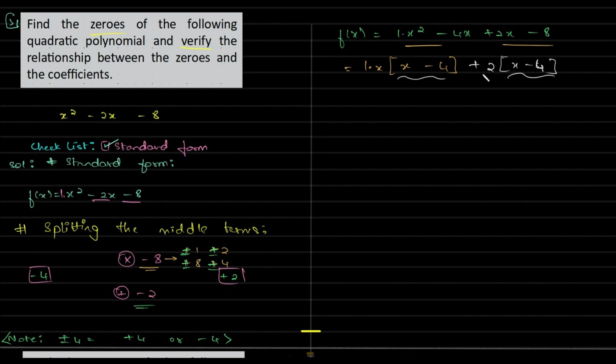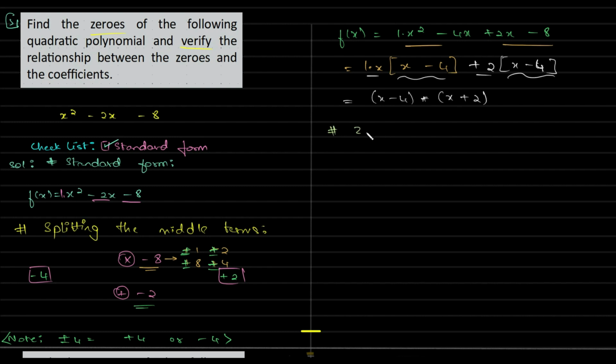There are a few cases wherein you need to take a negative common, so be careful. We have a few examples coming wherein we'll take a negative number. Now between these two terms, we have x minus 4 common, and you're left with x plus 2, which you write in brackets.